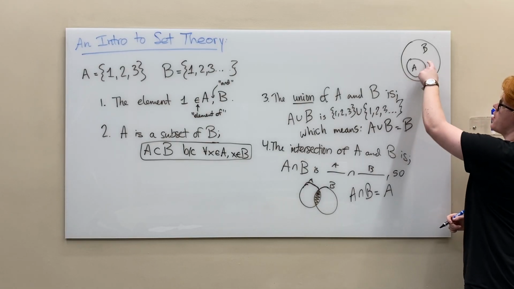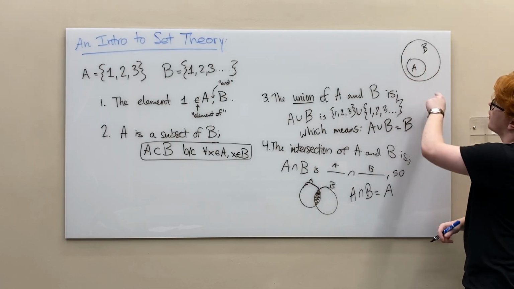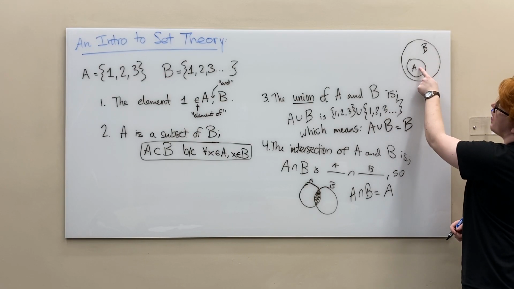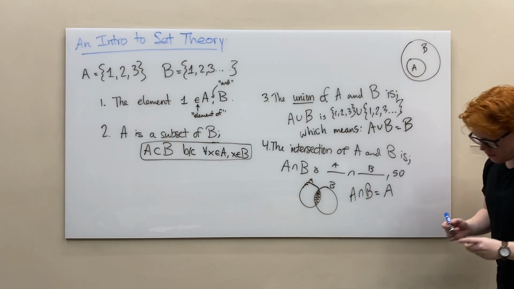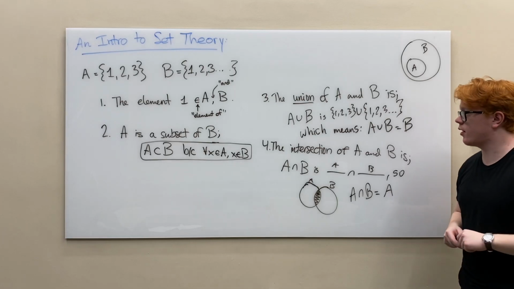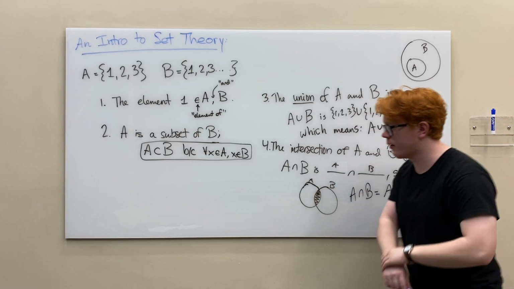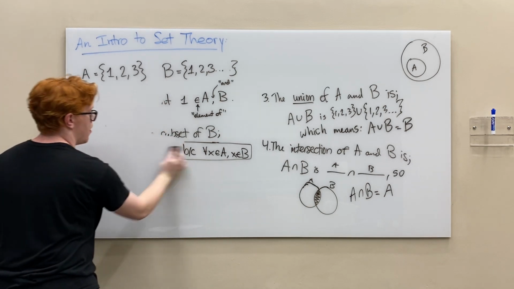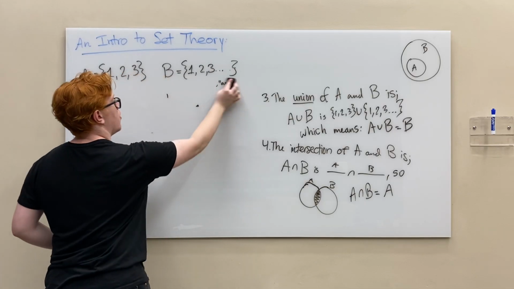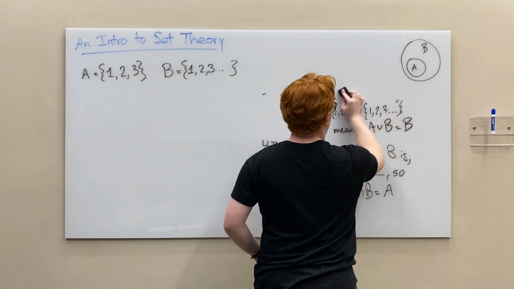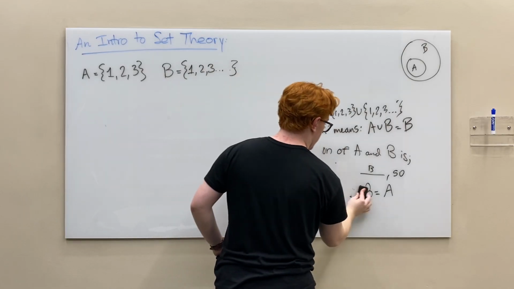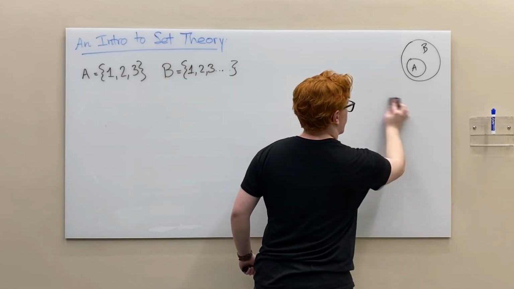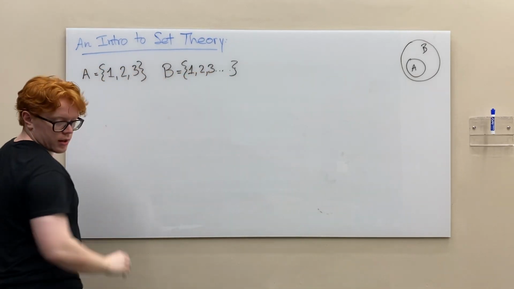A is a subset of B because all elements of A are elements of B. And because of that, we can see that A union B is going to be B, and A intersect B is just going to be A. So go ahead and pause it, take notes. We're going to just look at one thing real quickly. I'll go ahead and leave this visual up there.